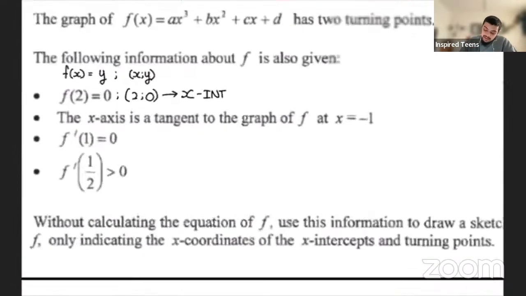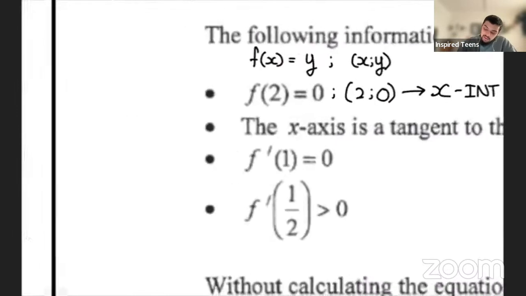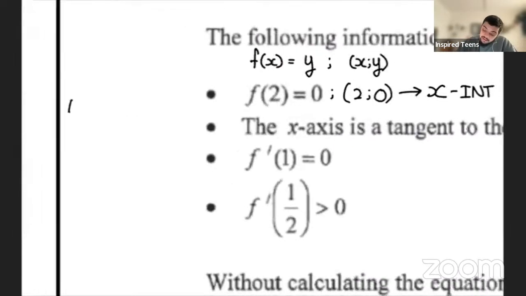So the x-axis is a tangent to the graph of f. I was discussing it in functions, but let's just look at a parabola graph. When we're determining whether the graph is increasing or decreasing, one of the things we could use are tangent lines, to see whether we have a positive or negative gradient.